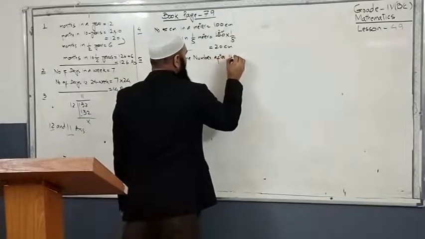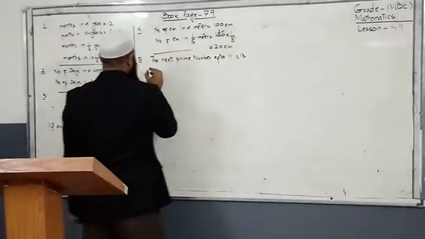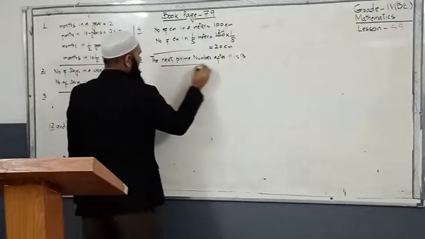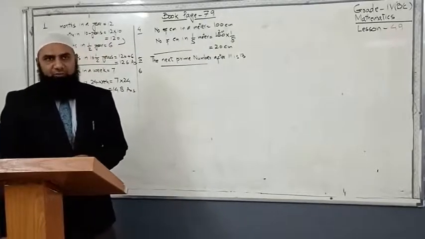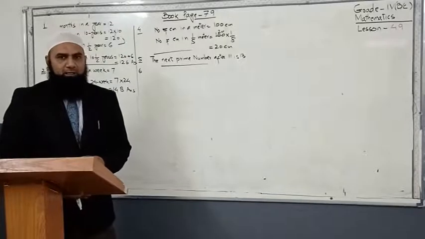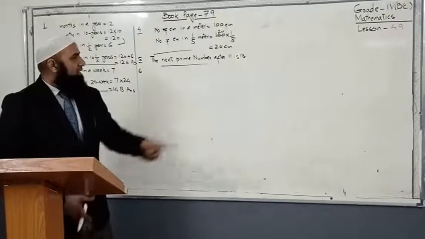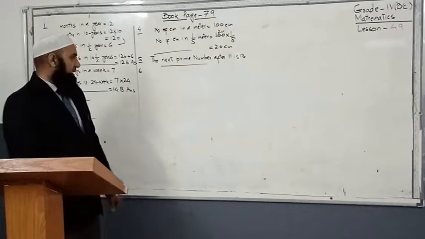After 11 is 13. Okay? Because 12 is a composite number and 14 is also a composite number, 15 is also a composite number. They have more than 2 factors. So only 13 is the next prime number after 11.